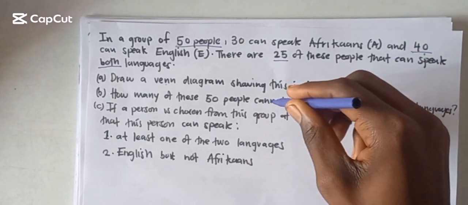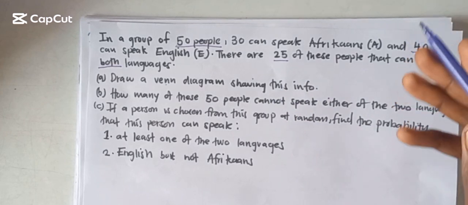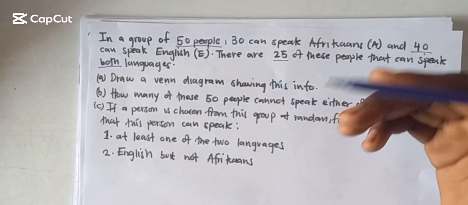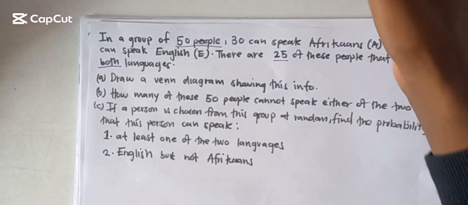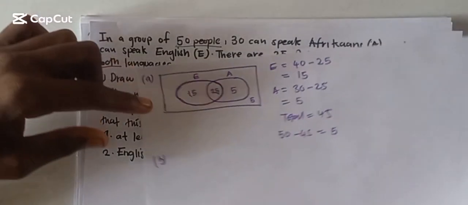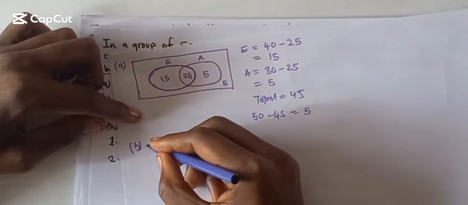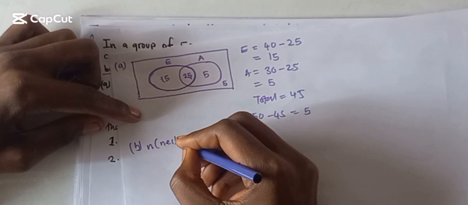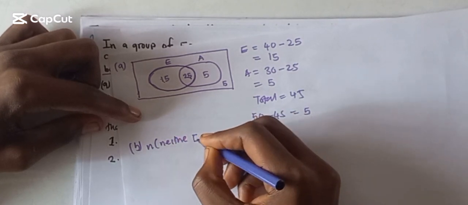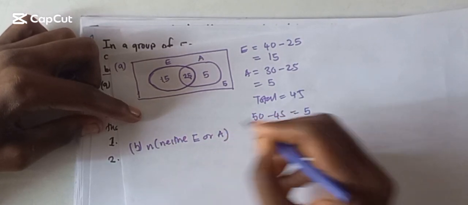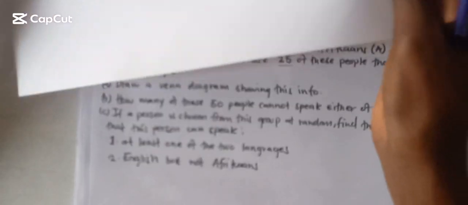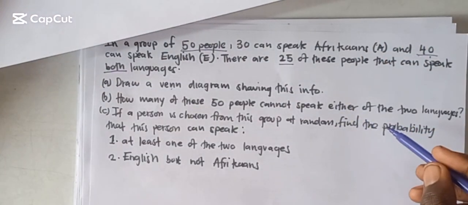In other words, they are looking for the total number of neither E or A. That's what they are looking for, because they say they cannot.